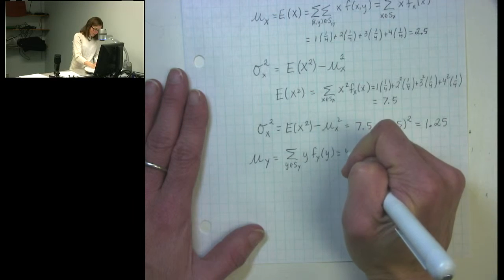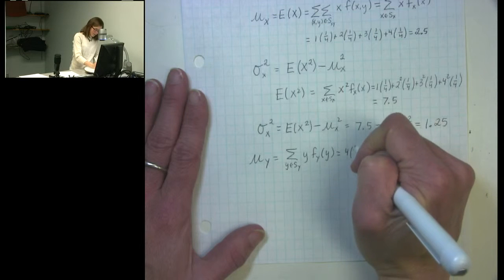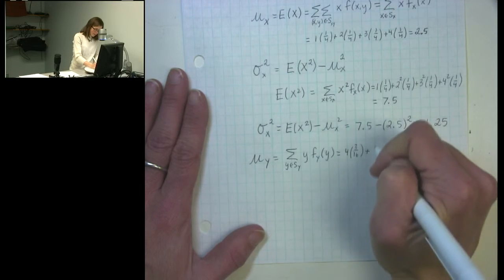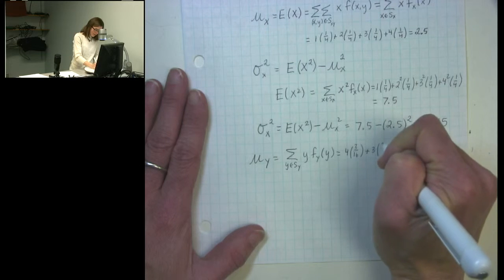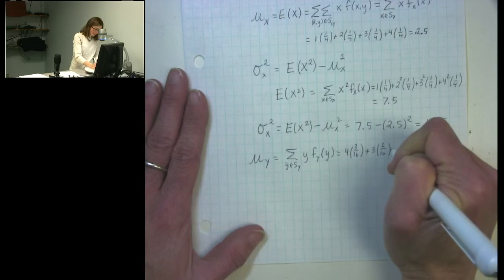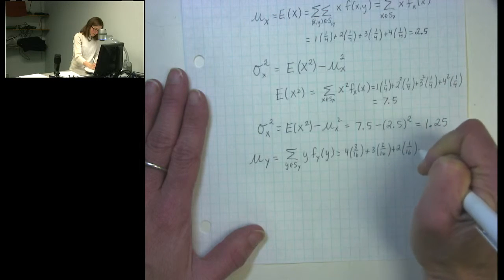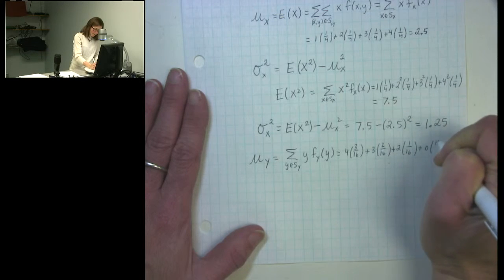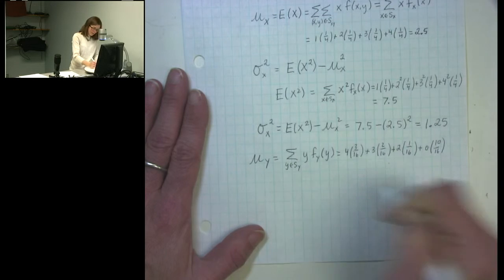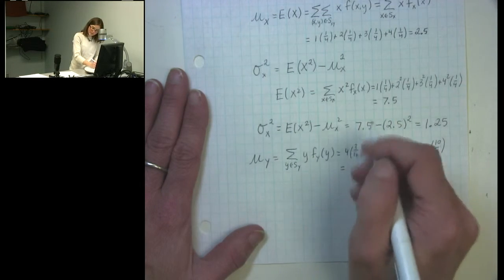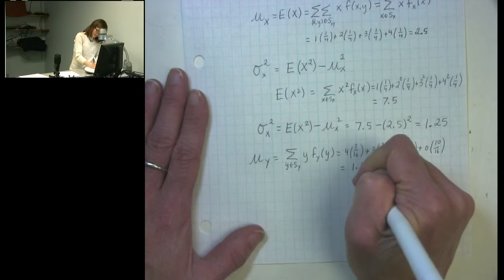So I get 4 times 3/16 plus 3 times 2/16 plus 2 times 1/16 plus 0 times 10/16, which gives me a mean that is equal to 1.25.